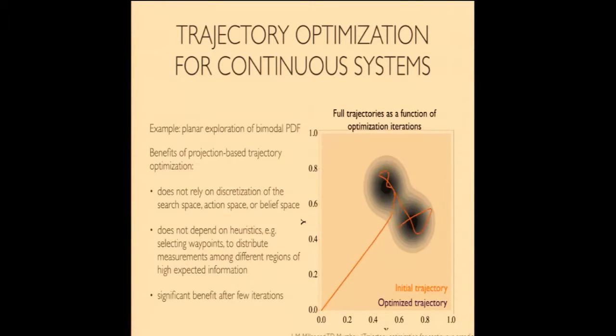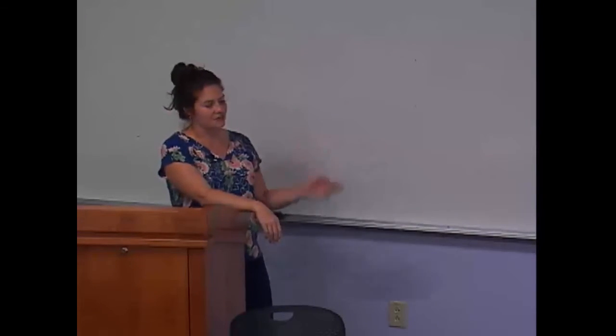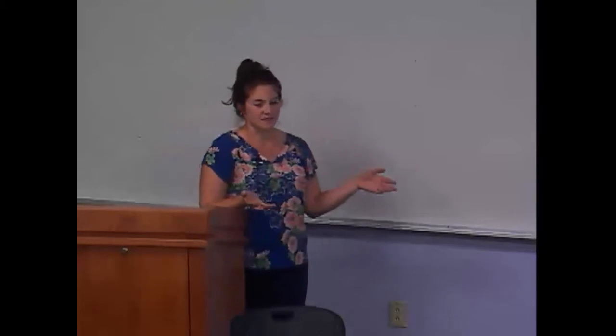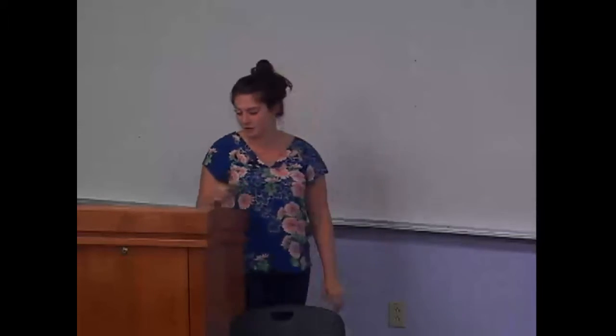I like this particular animation because it makes it feel, to me, more like your classic gradient-based optimization problem where you see it kind of wiggle around the minimum. So I find it sort of comforting. But it also just illustrates that you get really a lot of improvement pretty quickly. So even with a couple of steps of this potentially expensive trajectory optimization method, you get quite a bit of improvement.